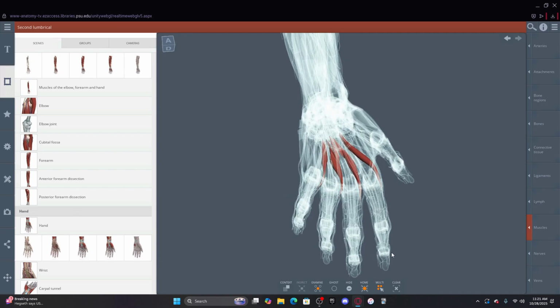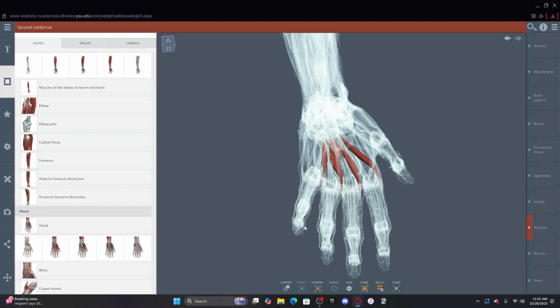We can see how I said they're anterior to the metacarpal phalangeal joints, and they're posterior to the proximal and the distal interphalangeal joints. So they flex the MCP joints and extend the interphalangeal joints.